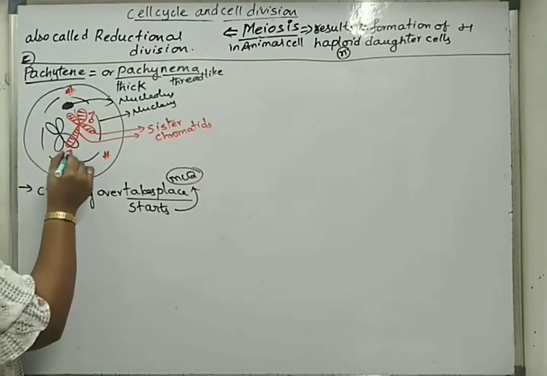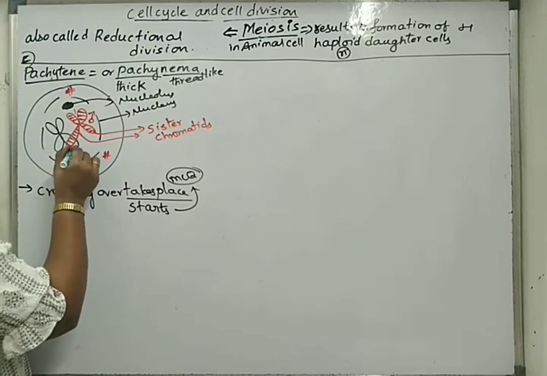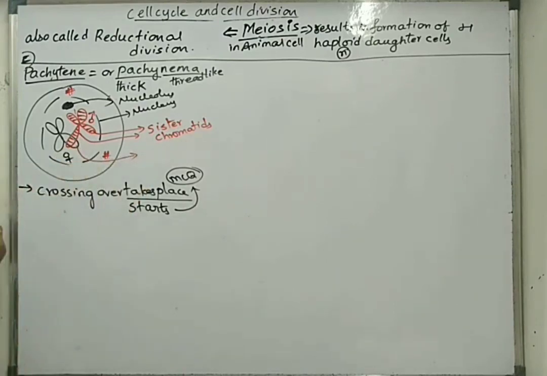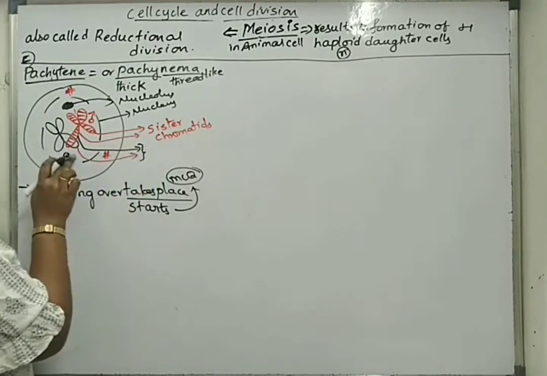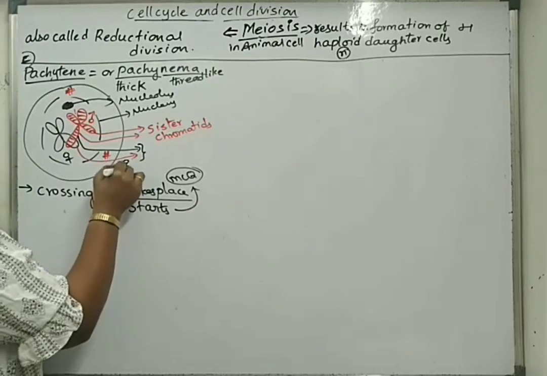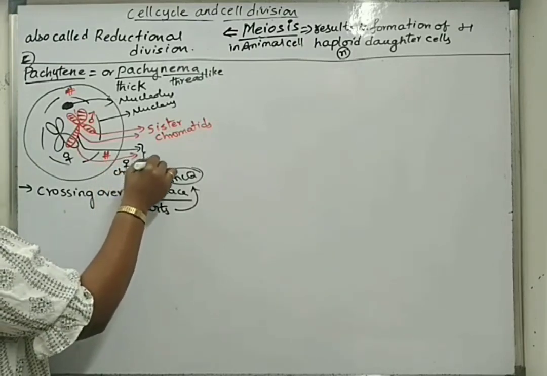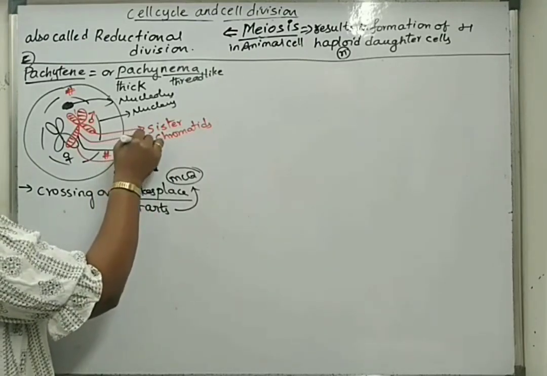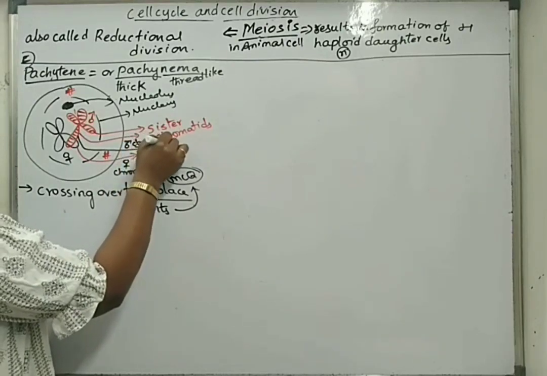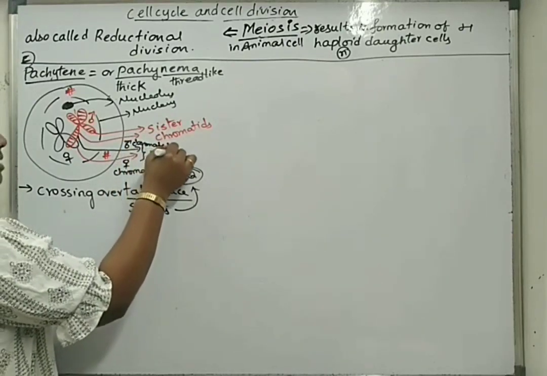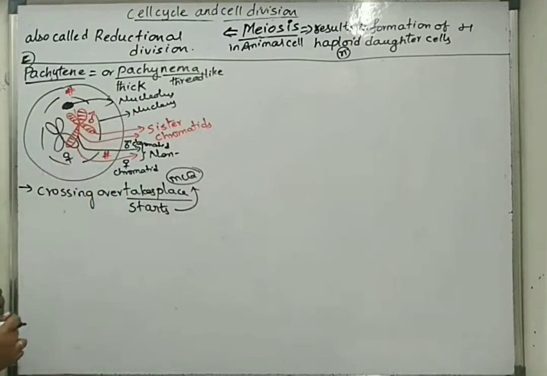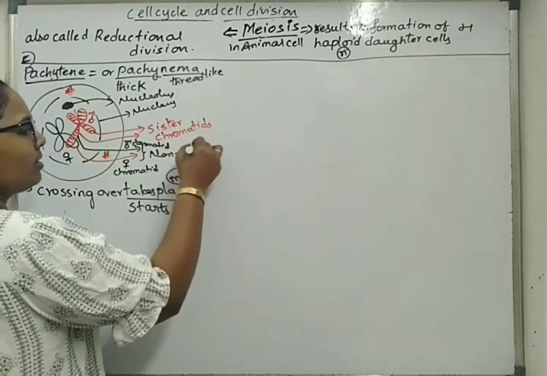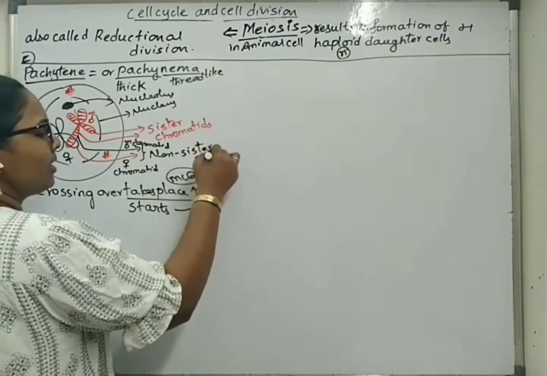But one chromatid of the father chromosome and another chromatid from the mother chromosome, both are said to be non-sister chromatids. Two chromatids from the same chromosome are sister chromatids.